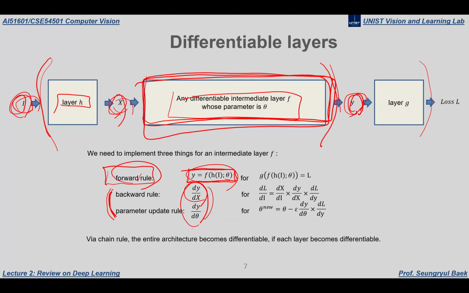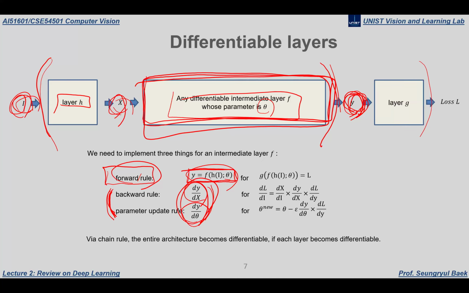And also, this layer f's output y should be differentiable with respect to its parameter vector. If a layer inside the entire deep learning architecture can meet these two conditions, we can call that layer differentiable.